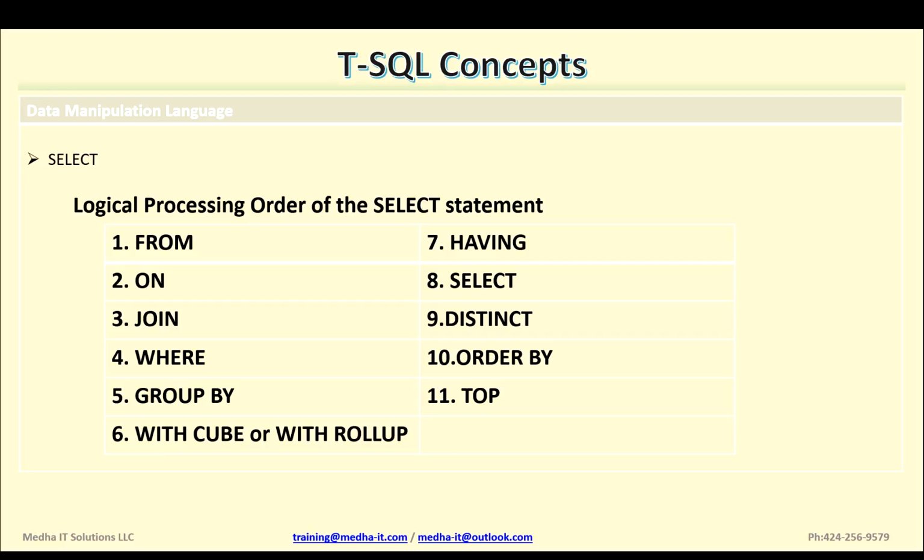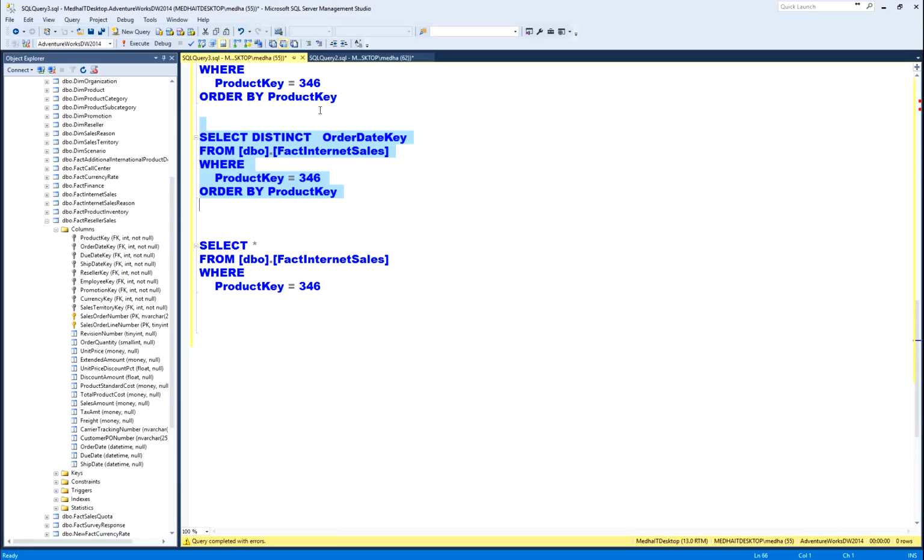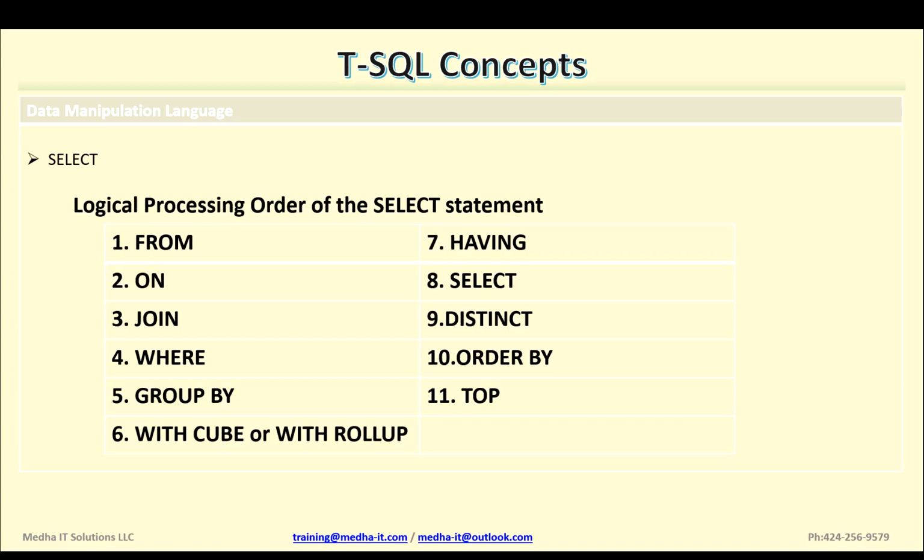Though your select statement looks like this, I am first saying select, then pick me distinct, then the column name from a table, then where condition and order by, right? But when SQL Server actually executes this select statement, it executes in a different logical order, that is called processing order. It picks a different order to process that particular request. So we will see the processing order.